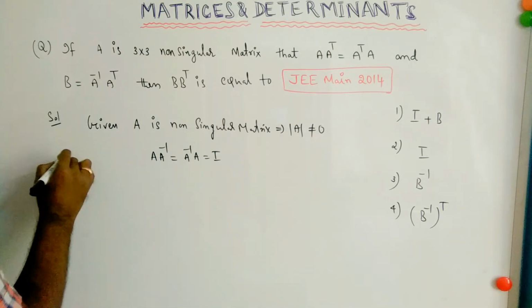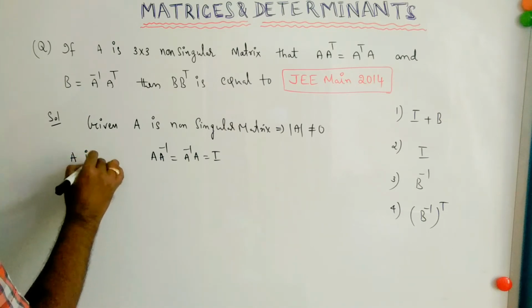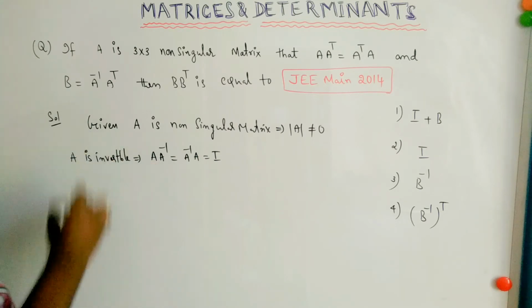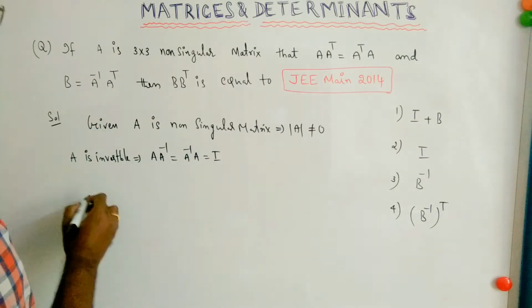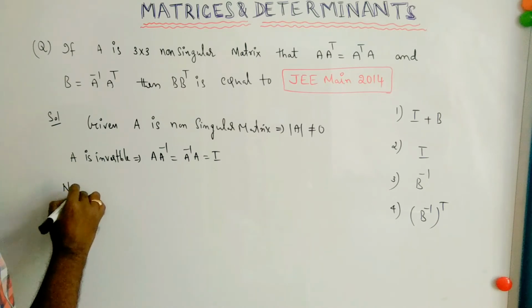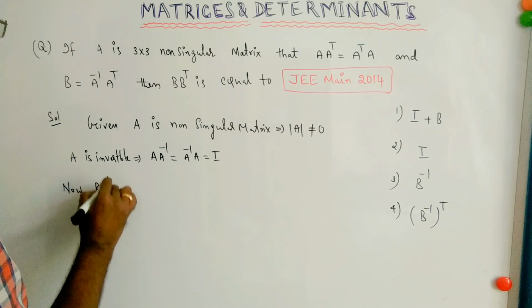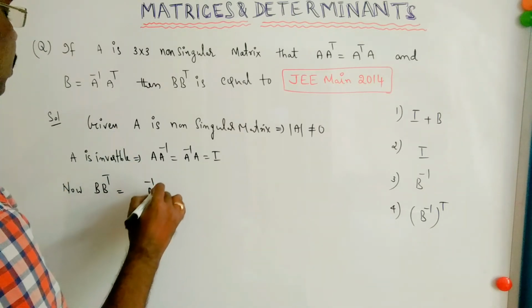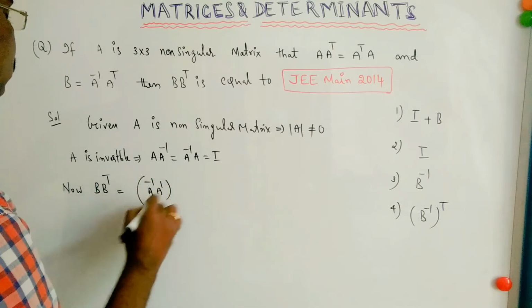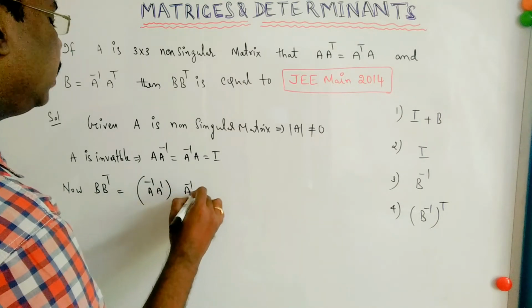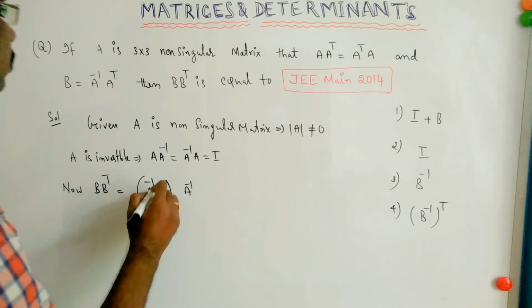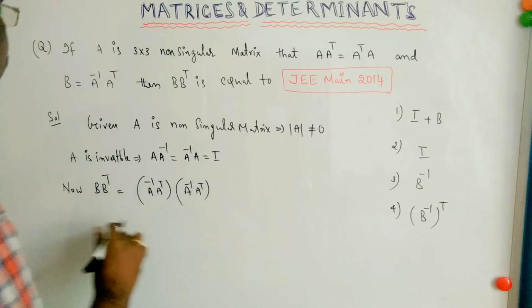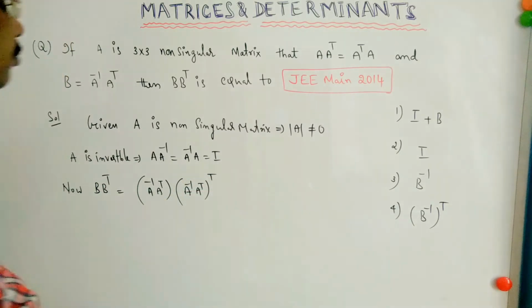Since A is invertible, now B into B transpose equals B, which is A inverse into A transpose, times A inverse into A transpose whole transpose.